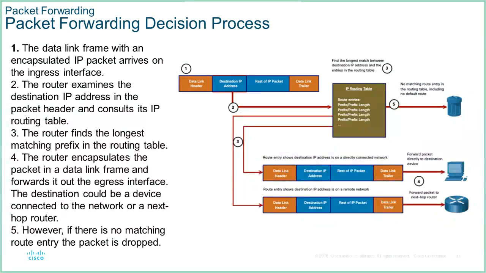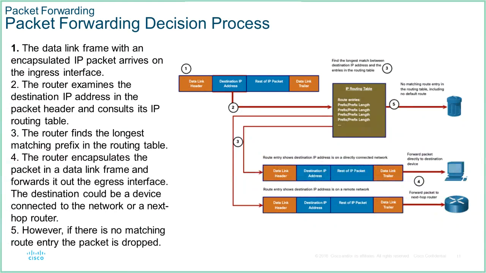Now, it then re-encapsulates that packet with a new frame header before placing it on the outbound interface. Now, there's two solutions to the outbound. If it's a directly connected network, it's forwarding it to the end device, a host.